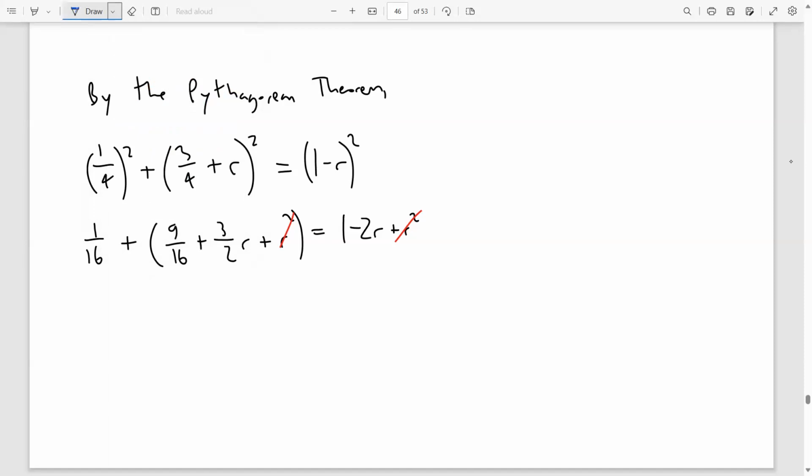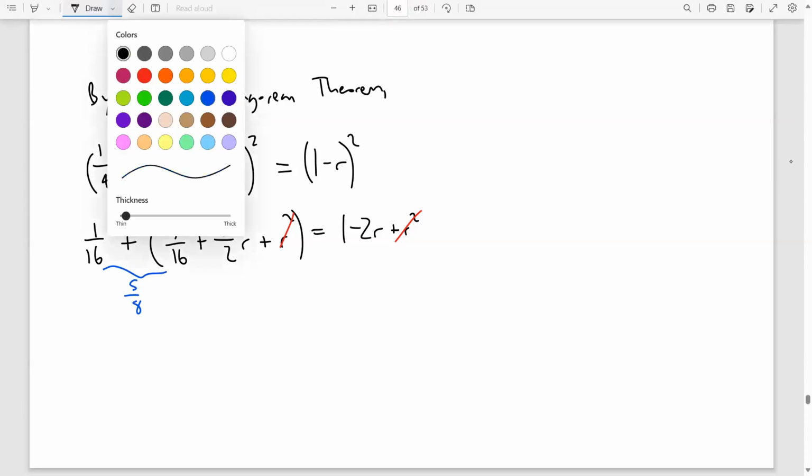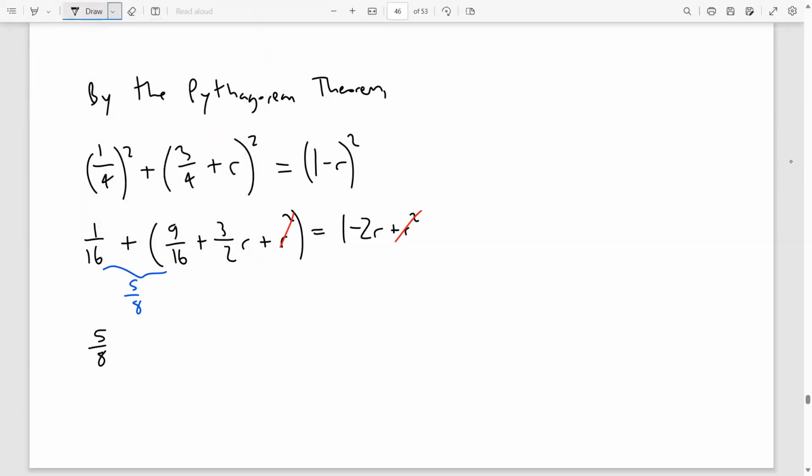1/16 plus 9/16 is 10/16, which is 5/8. So we have 5/8 plus 3/2 r is equal to 1 minus 2r. We'll add 2r to both sides in order to isolate the r terms. So 7/2 r, and we'll subtract 5/8 from both sides to get 7r over 2 is equal to 3/8.